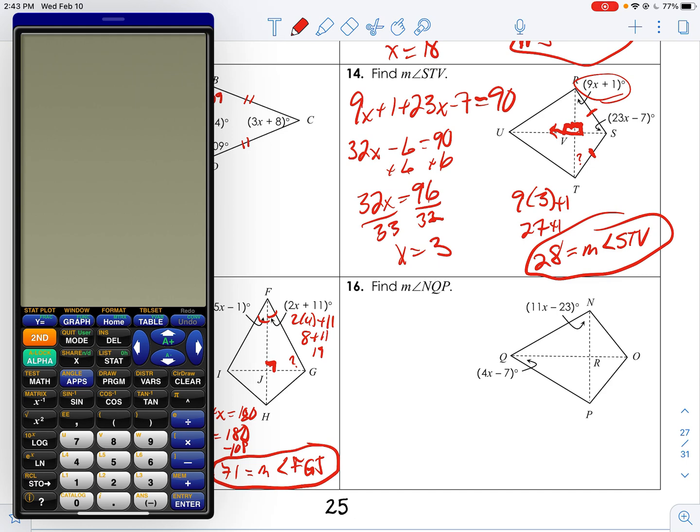Boom. Last one. Give it a pause. Give it a try. Let's see how you do. Find the measure of NQP. N to Q to P. We have to find the whole thing.